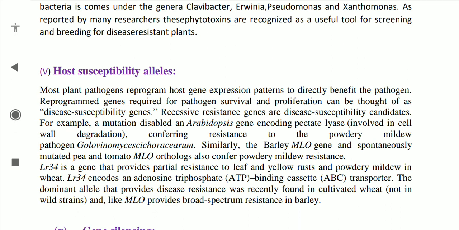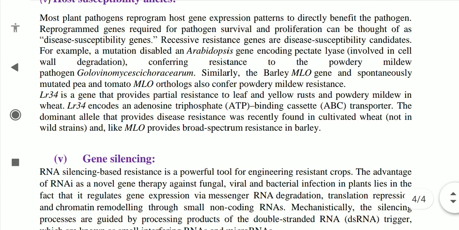The dominant allele that provides disease resistance was recently found in cultivated wheat, not in wild strains, and like MLO, provides broad spectrum resistance in barley. Thus, host susceptibility alleles can be used for developing resistant varieties.